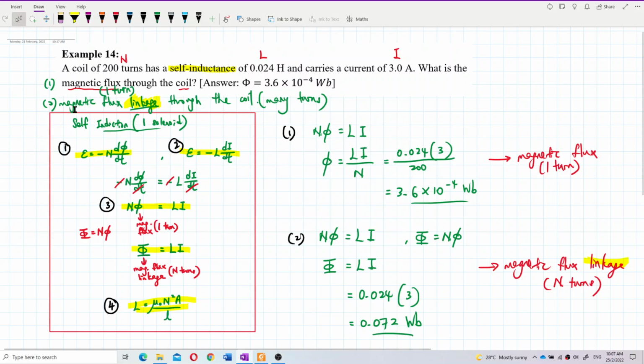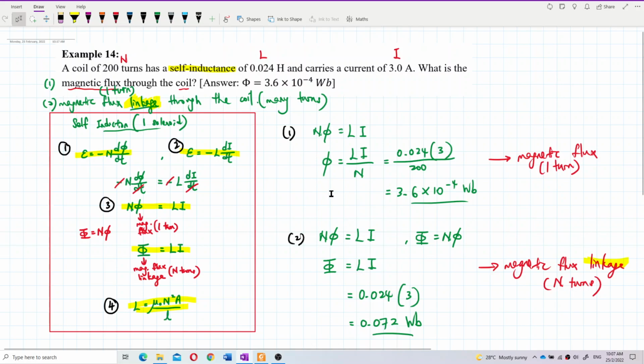If the question asks about magnetic flux linkage through the coil, then that one is the capital phi. Small phi is Li over N, while capital phi is only Li.